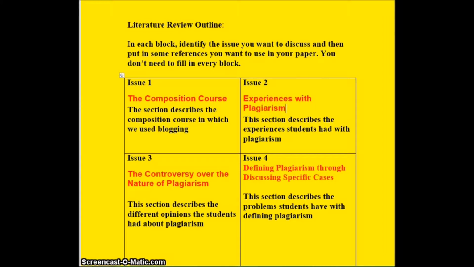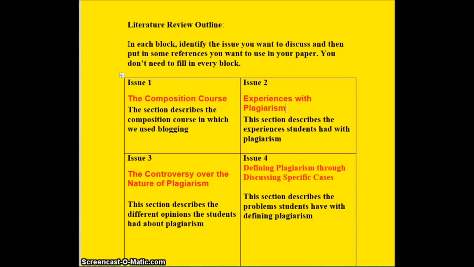So we have a literature review outline that you can use, depending on the type of paper you're planning to write. I want to talk a little bit here about that outline. Similar to what you should have done with the critical review, we want you to think about the literature review outline as a series of issues.